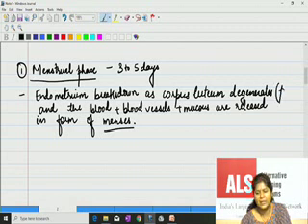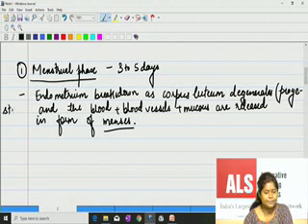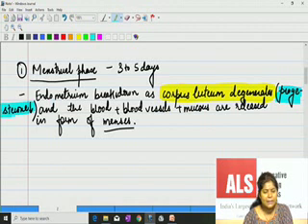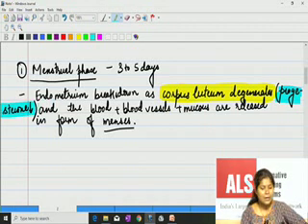If it degenerates, progesterone decreases. So basically, what is the phenomenon? The corpus luteum degenerates is the first section, and when corpus luteum degenerates, the next consequence would be what? There would be a decrease in progesterone, and this would result in breakdown of the endometrium.